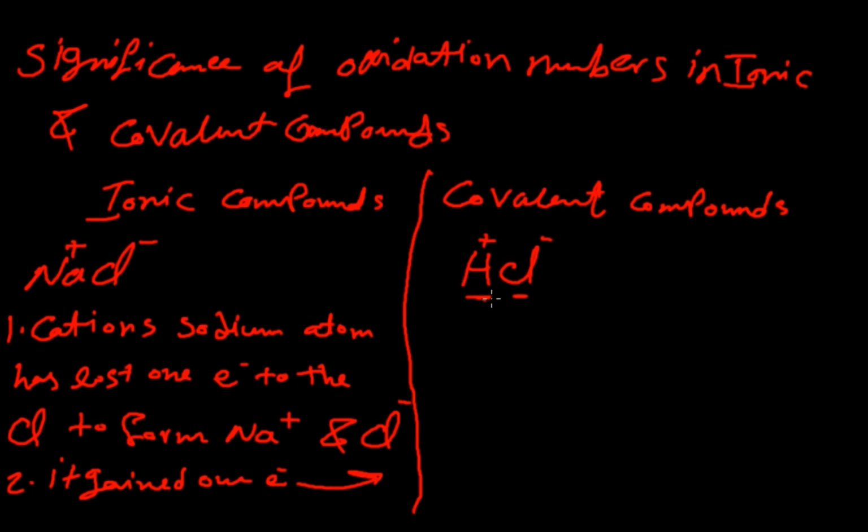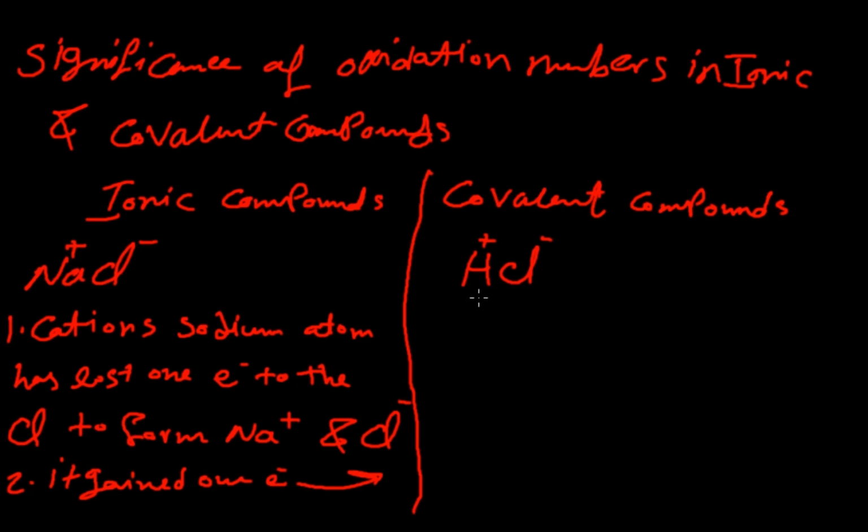As we see here, covalent compounds can be subdivided into two types or two main categories: polar compounds and nonpolar compounds.